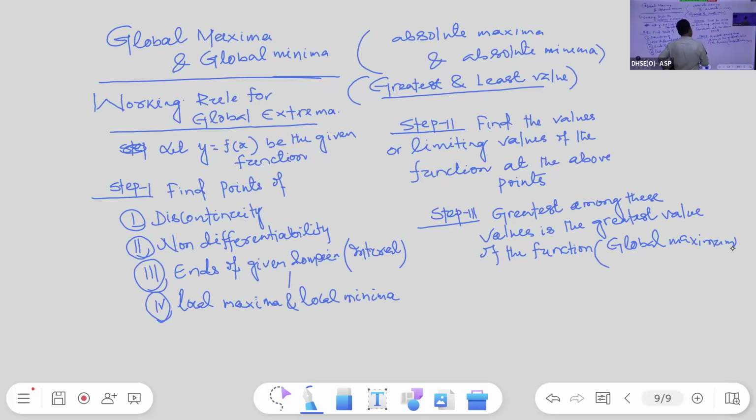And the least among these values is the least value of the function, that is, the global minimum value.